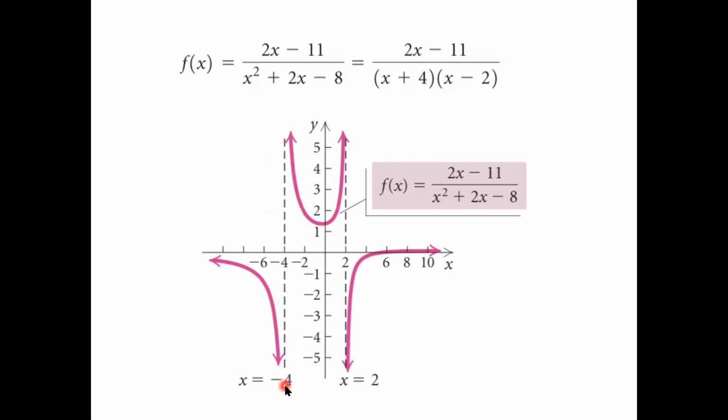So you have here x equals negative 4 and x equals 2. So again you have two vertical asymptotes. So simply equate the denominator to 0, and check for common factors. Next.